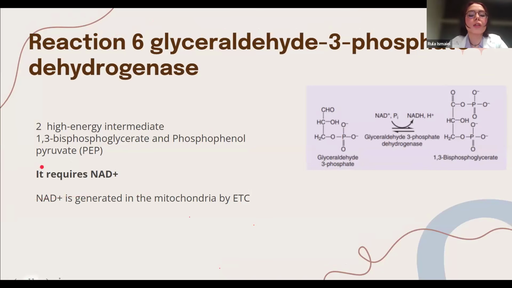There are two high energy intermediates, 1,3-bisphosphoglycerate and phosphoenolpyruvate. You can see in the reaction how NAD+ is being used. It's a dehydrogenase, so you're removing a hydrogen from a molecule and giving it to NAD+, so it can carry it away to the mitochondria for the electron transport chain.